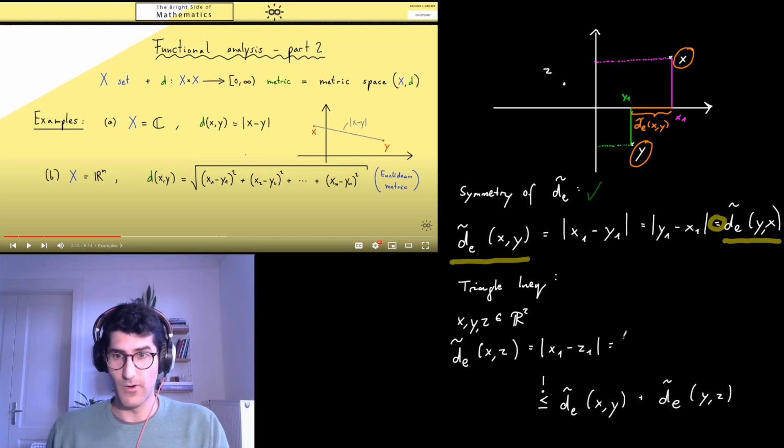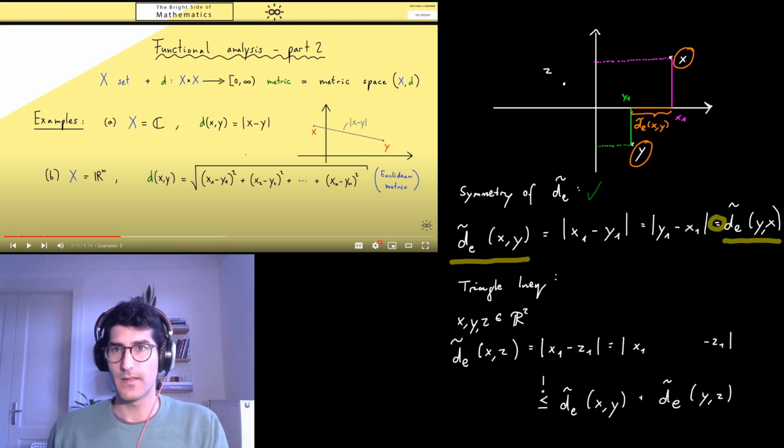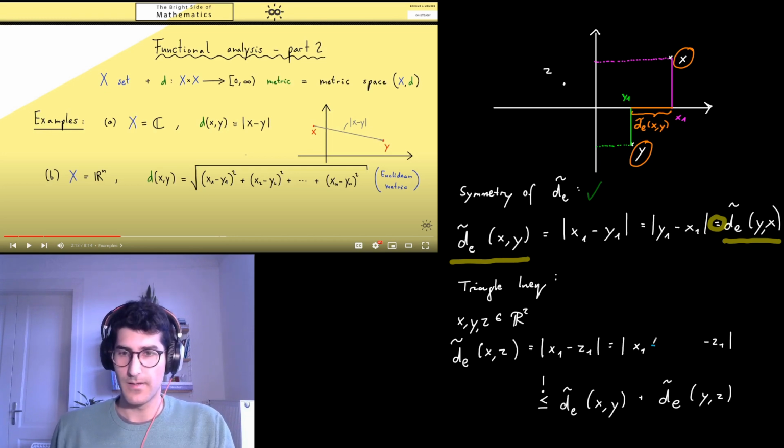We add a 0, and in our case the 0 that we add is precisely the element y that we also need here. So what we add now is minus y1 plus y1. So this is the 0 that we have.